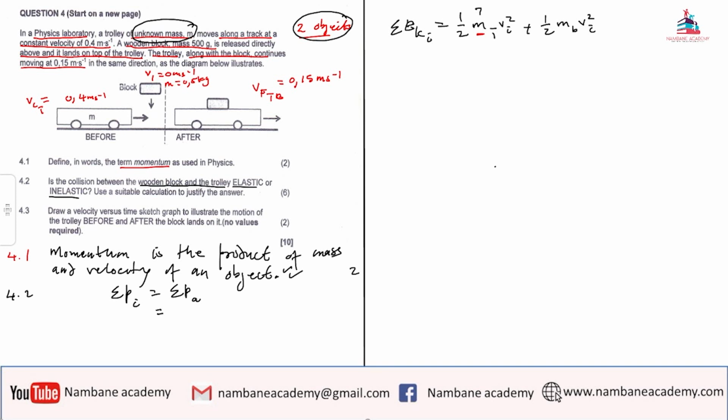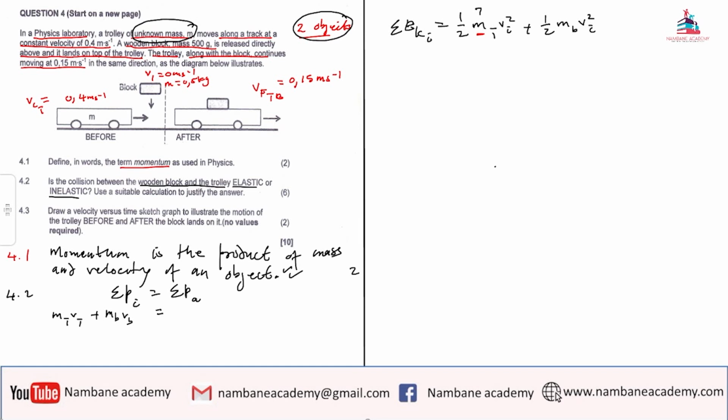And this is easy. Before, they are moving in the same direction. M of trolley, V of trolley, plus M of block, V of block.